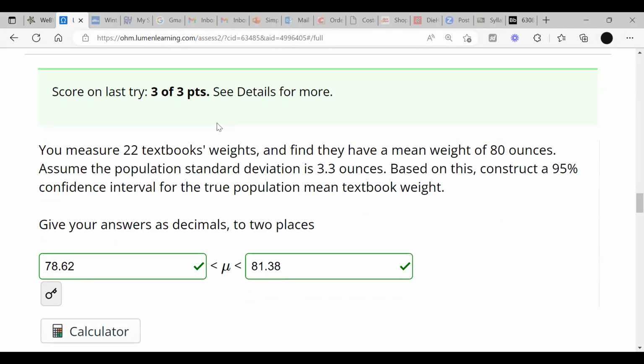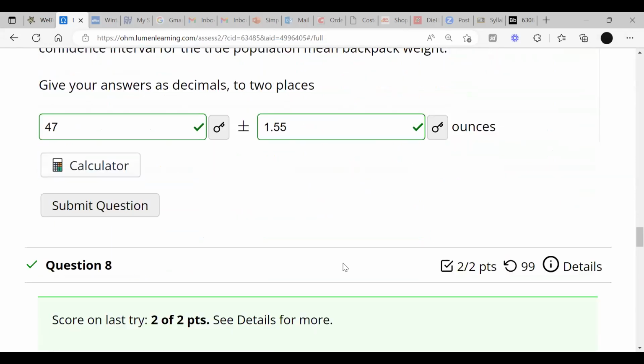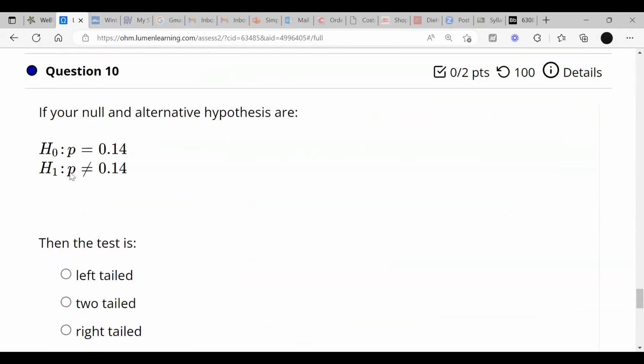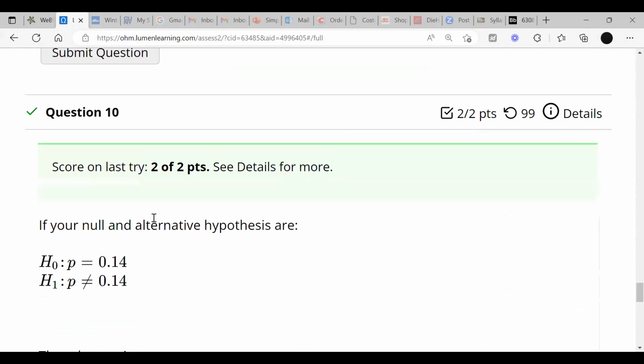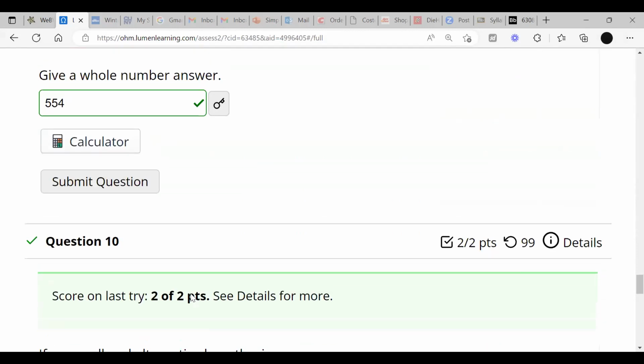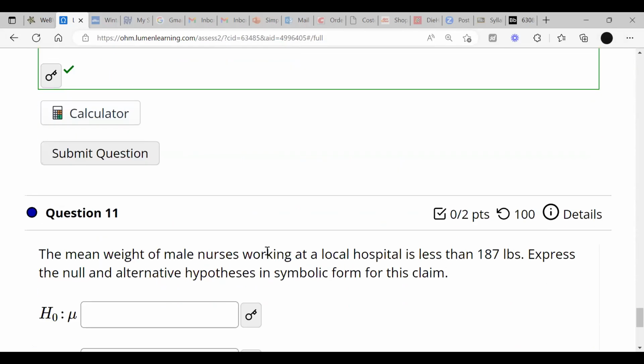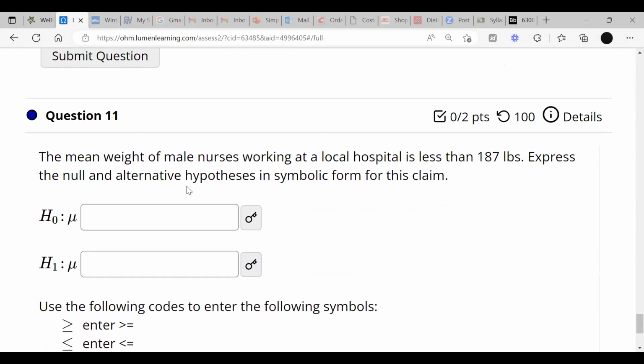So pretty much everything, right? I went over everything on the review sheet except the last couple. Question 10, not equal to means two tails, right? Because the alternative already determines the test. And the last one, the mean weight of male nurses less than 187, has to be the alternative hypothesis.